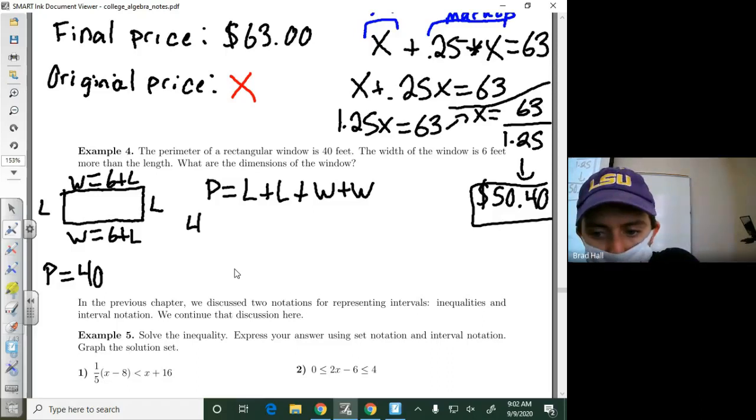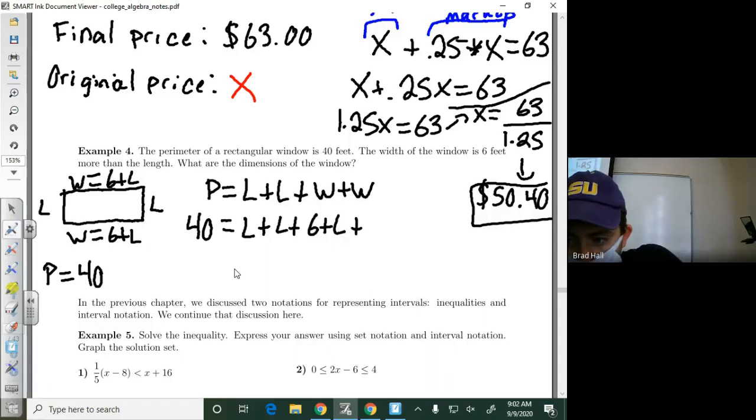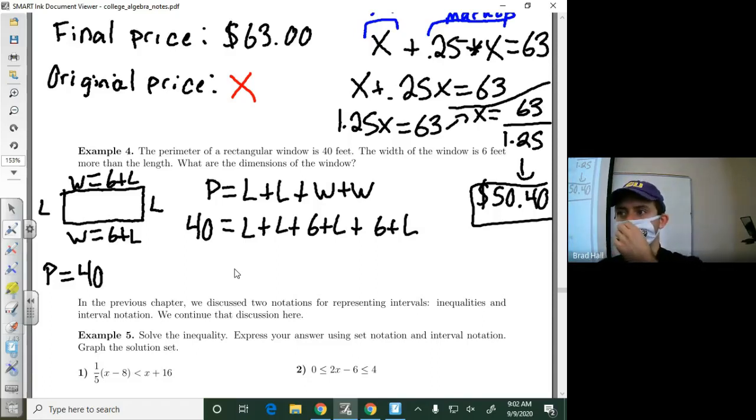But we know that the perimeter is 40. And we know that the width is 6 plus L. And the reason why is now we just reduced it by one variable. Now instead of having L's and W's floating around, we just have L's, which makes this one variable.